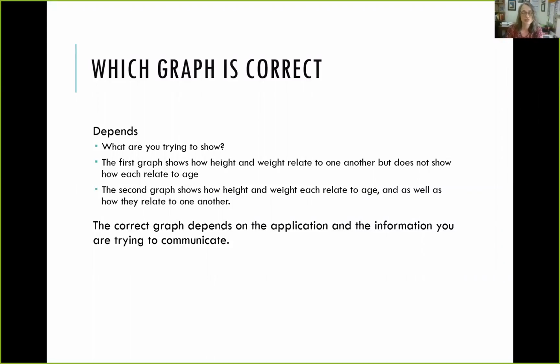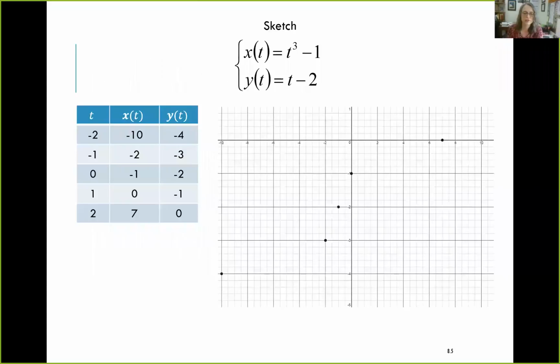The same thing is true when we use equations to express parametric relationships. So, for example, this is a set of parametric equations. We've expressed both x and y as functions of t. And we're going to look at this graphically. The way we do that is we start with a table of values.